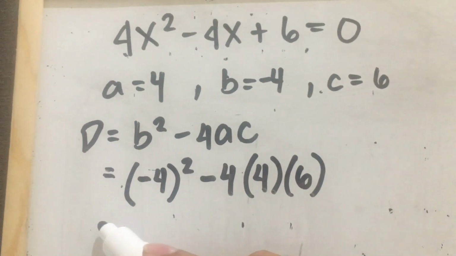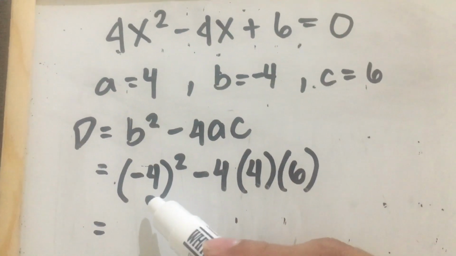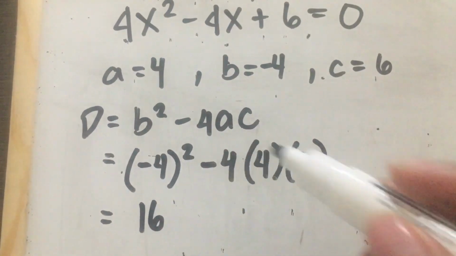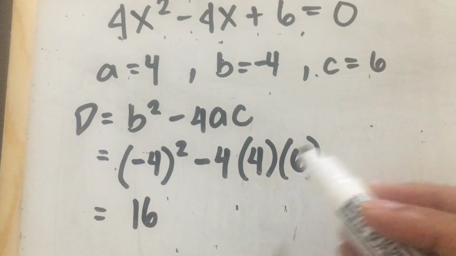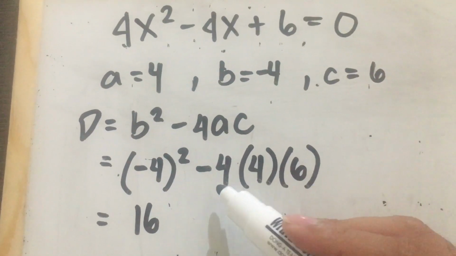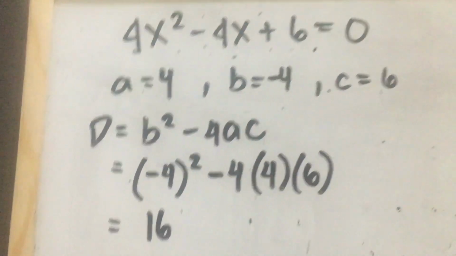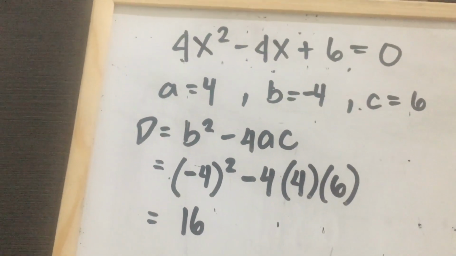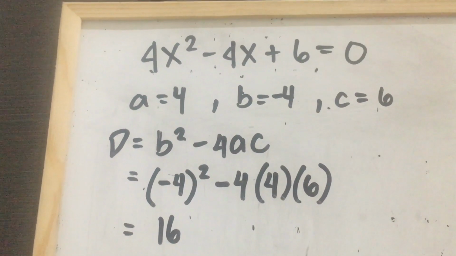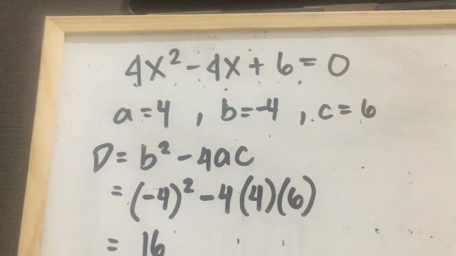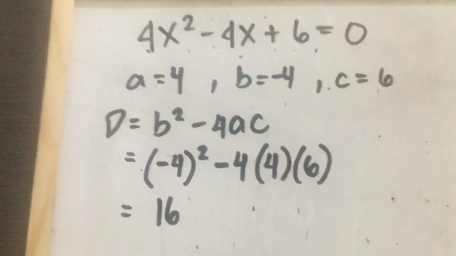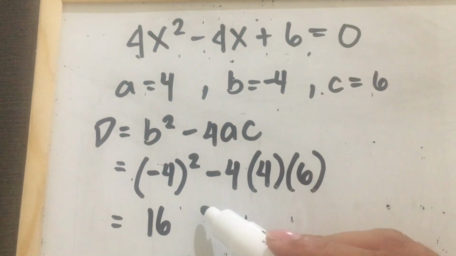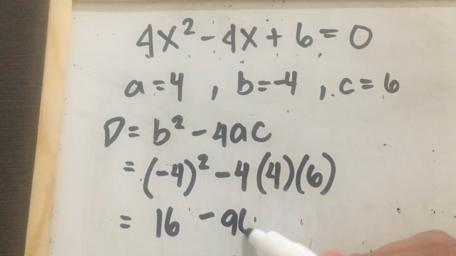Okay, at this point, just simplify. What is -4 squared? -4 times -4 is +16. Okay, that's correct. And what is -4 times +4? If you multiply -4 and +4, that is equal to -16. Then -16 times +6 is equal to -96.